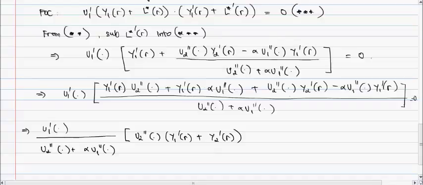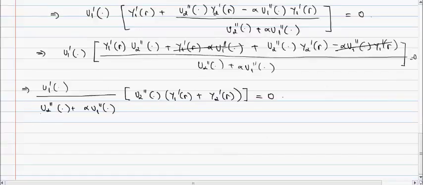Looking at the second and the fourth terms, I can see that I got alpha u1 double dash as a common factor. The second one and the last one are exactly the same, so they just cancel out, and that becomes 0.